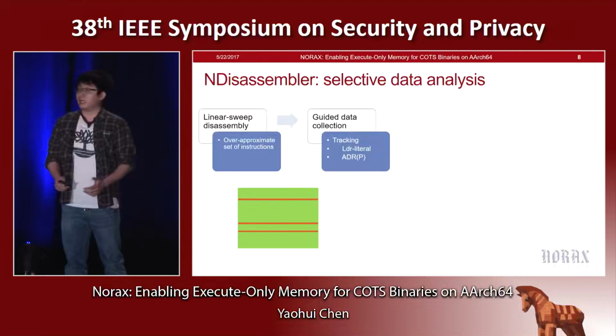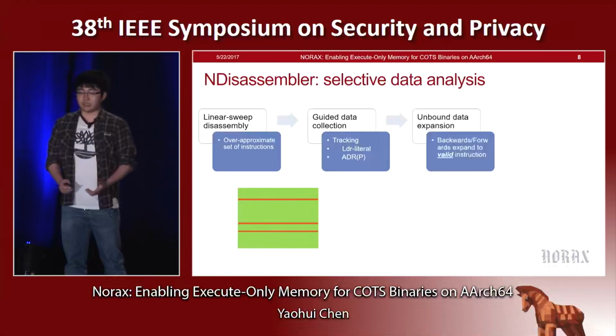Chances are that this set of data is still not complete, because while we are checking the code, if we encounter some memory operations or indirect branch instructions that we cannot resolve, then we lose the track. In such a situation, we mark the current tracking data as unbounded and then perform this unbound data expansion, which will expand the current data backwards and forwards until we reach a valid instruction.